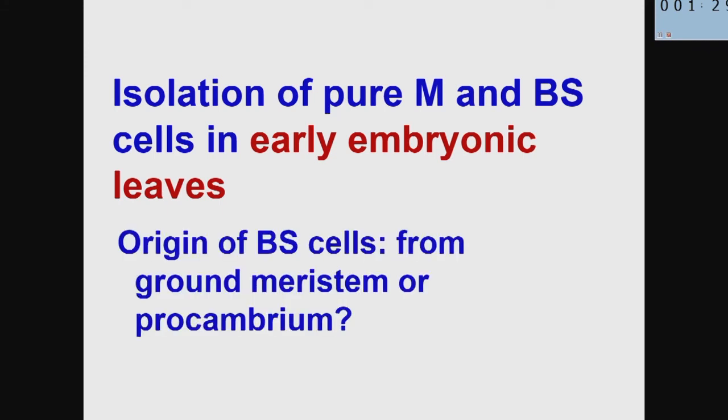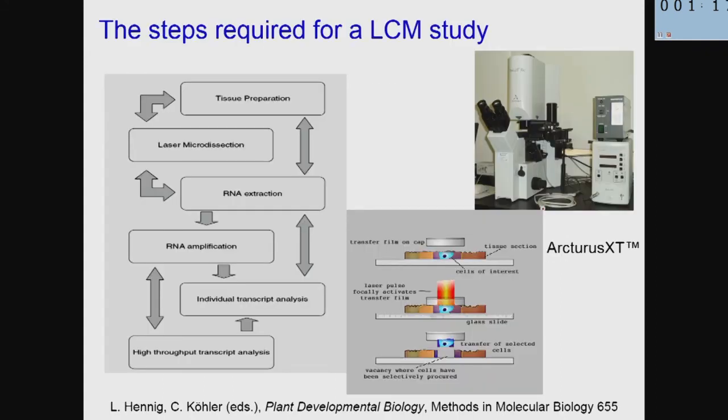We want to know the origin of BS cells, whether it's from ground meristem or from procambium. And this is a machine we can use to do laser capture microdissection.